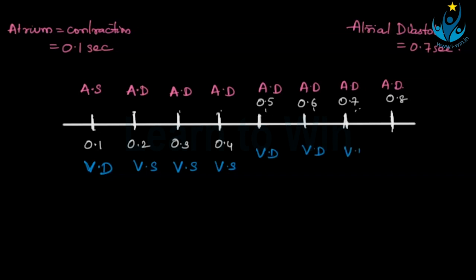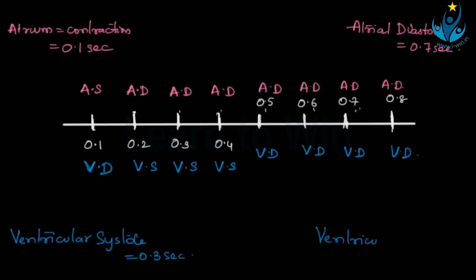So for the ventricles, ventricular systole is 0.3 seconds, and ventricular diastole lasts for 0.1 plus 0.4, that is 0.5 seconds.